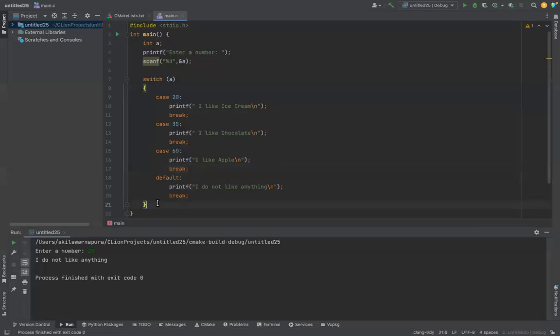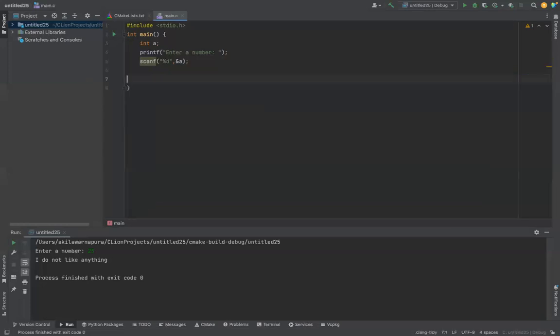So how do you write this one? Take the character variable char, let's say X. Then printf "Enter character". You can read it into a variable using percentage C. Characters we can take using percentage C into this character variable. Then you need to switch the X variable.